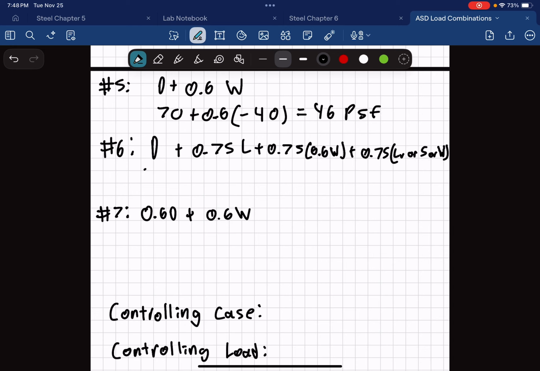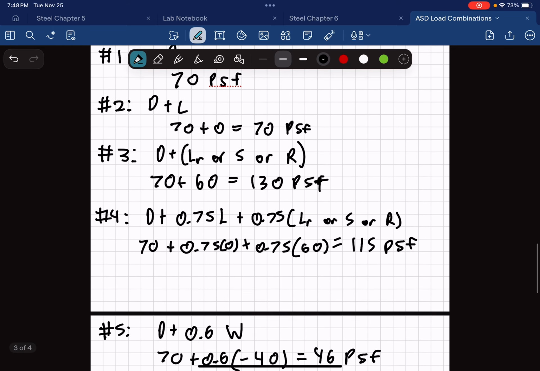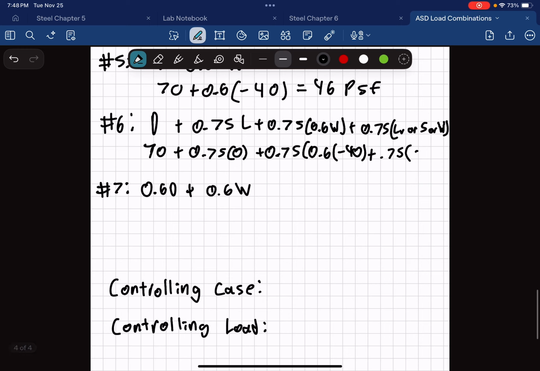We only have 2 cases left. Number 6, we have 70 plus 0.75 times 0 plus 0.75 times 0.6 times negative 40 plus 0.75, and our controlling factor is again going to be the snow load, which was 60.